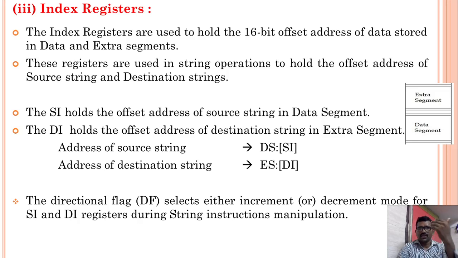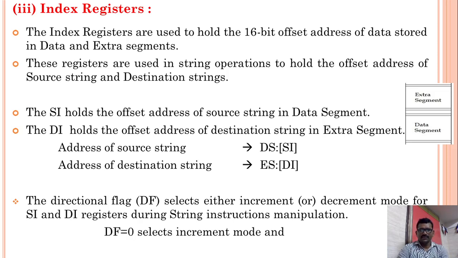Based on the DF value, the SI and DI register contents will be incremented or decremented while executing string manipulation instructions. DF equal to 0 is increment mode. DF equal to 1 is decrement mode.